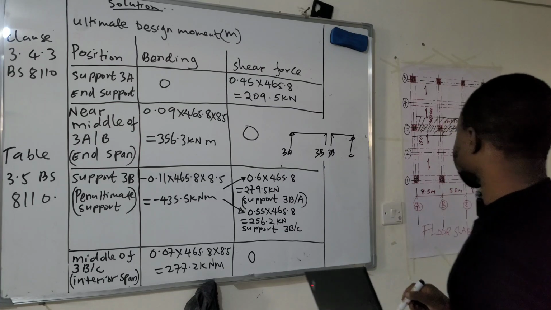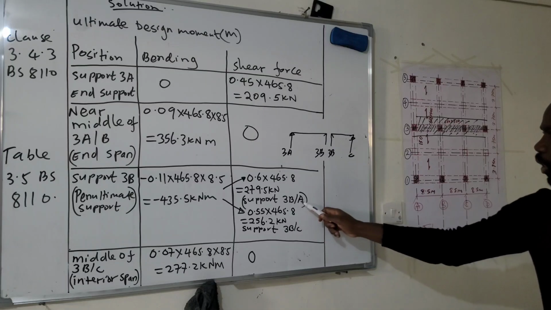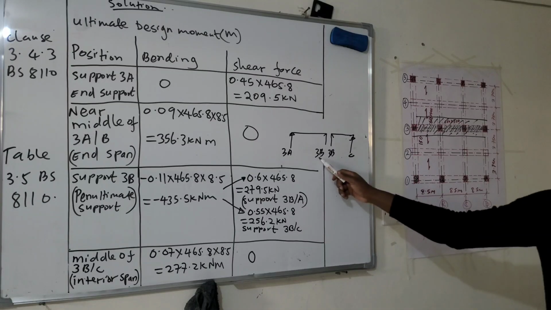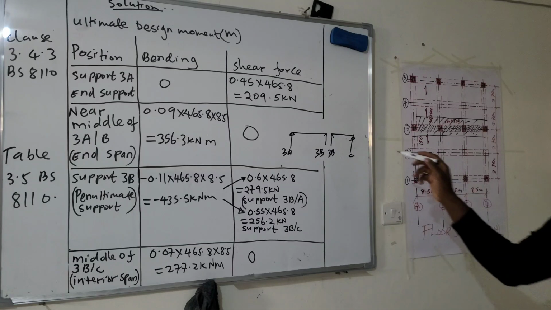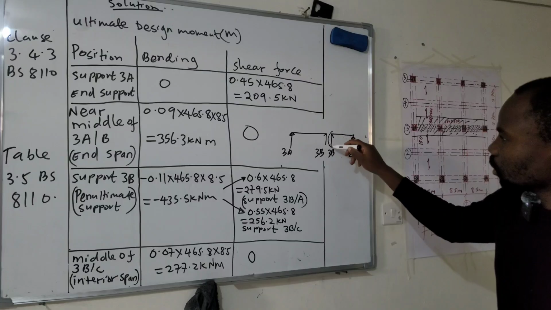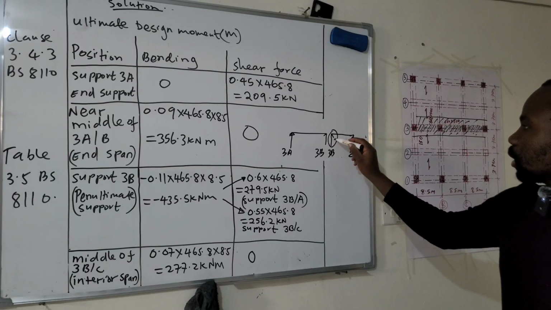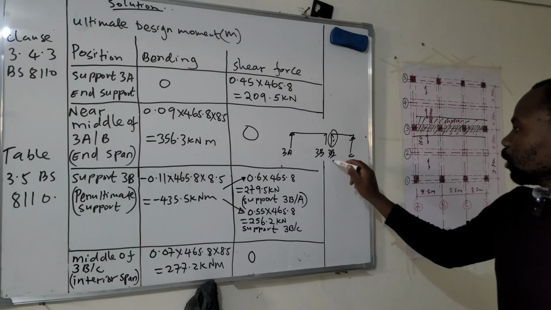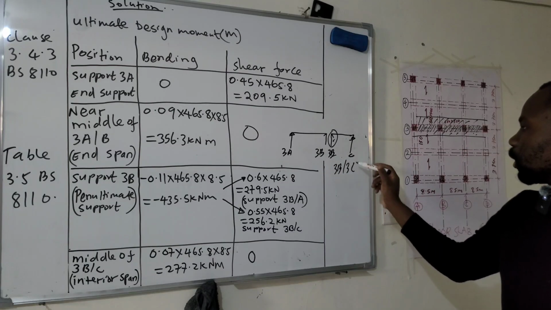So this one is C. So we will have 3B, 3A, which will be the penultimate support, and then this one, 3B, 3C. So this is the interior support. This 3B, 3C is the interior support.